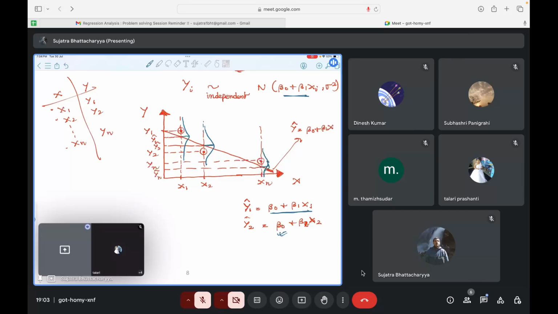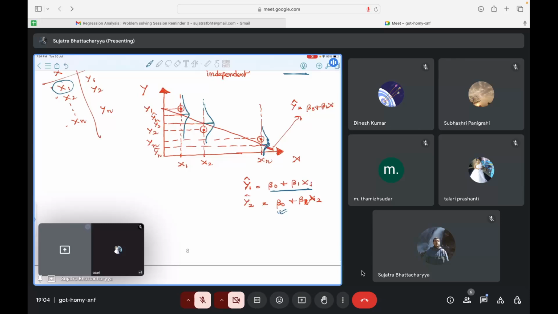So what does this mean? Where is this distribution coming from? This x1 is one value. How does this distribution come? This actually means that if you do some 10,000 experiments fixing the value x1, you will get different y1.